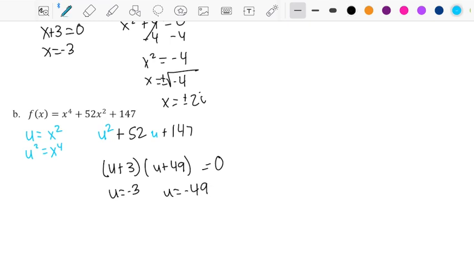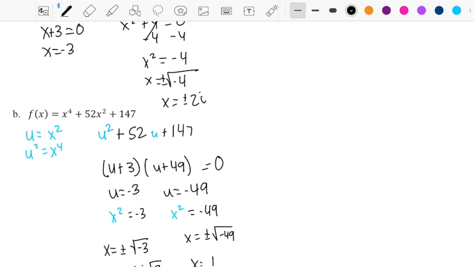Well, but u is just x squared. So x squared is supposed to equal negative 3 or negative 49. So when we take the square root here, well, we get the square root of a negative in both cases. So we need to pull those negatives out as i. So we're going to have plus or minus i times the square root of 3.